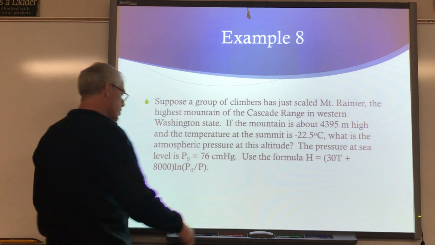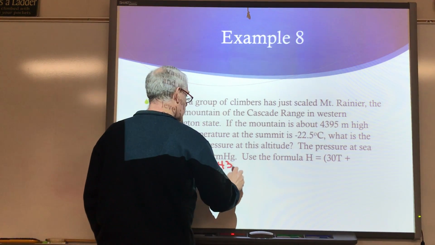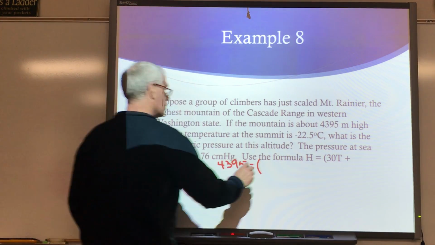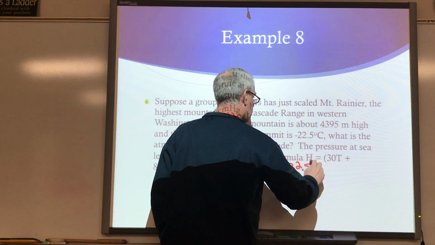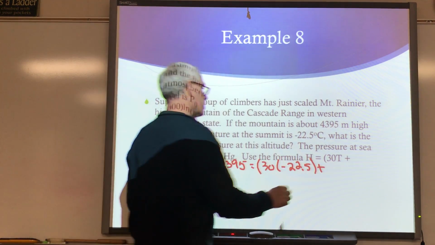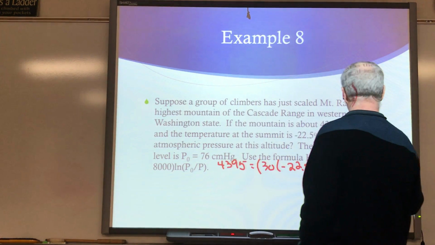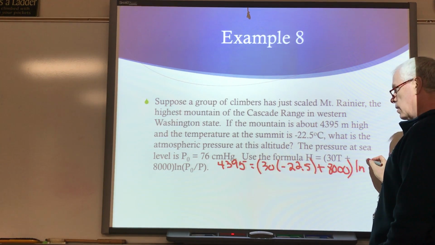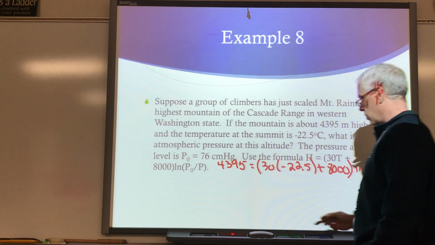Well, the h, you guys, they give me 4,395 equals 30 T. T is temperature, so that's going to be negative 22.5 plus 8,000, and then times the ln of P sub 0, that's at sea level, over P, like so.